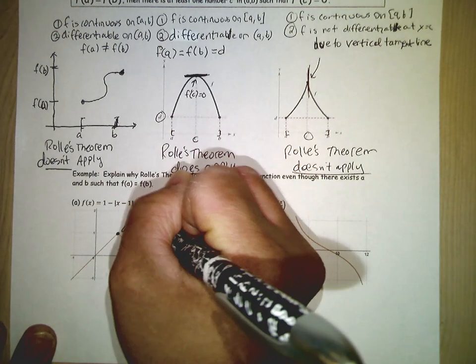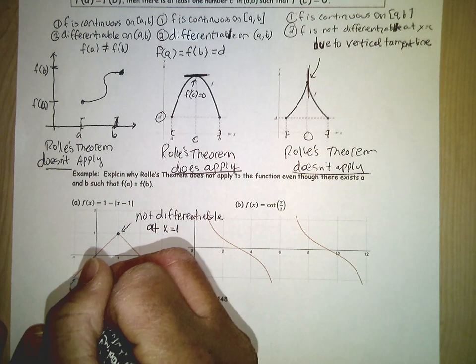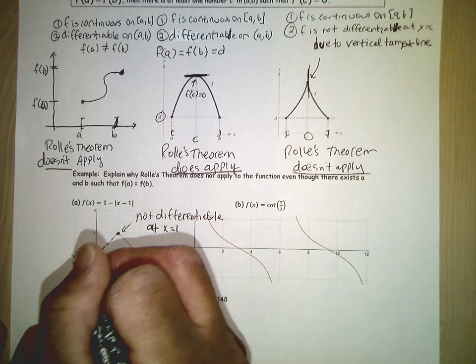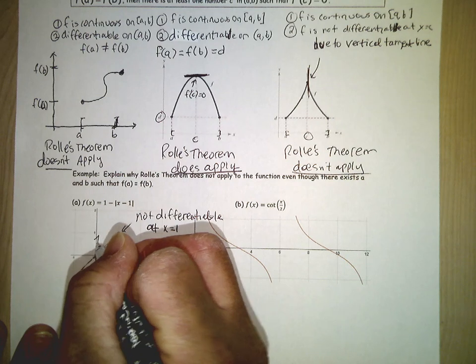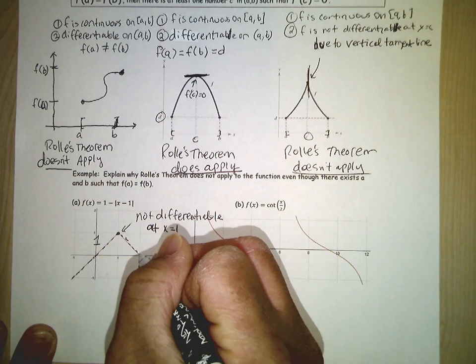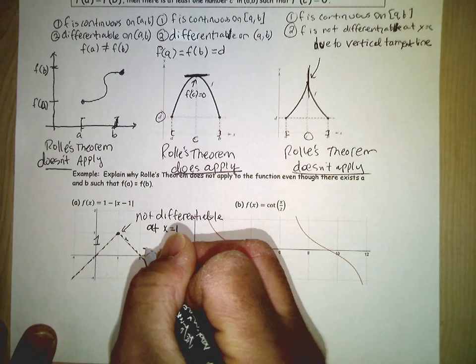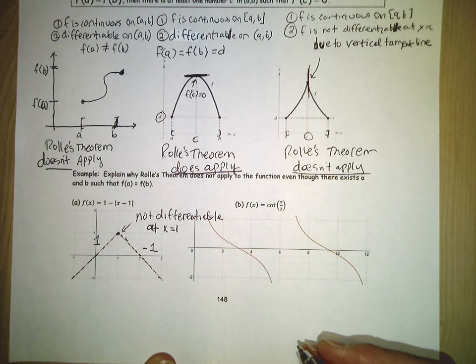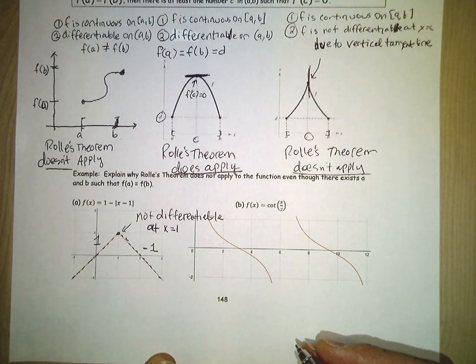And if you look here on this side of 1, the slope is 1, and on this side of 1, the slope is negative 1. All right, so the derivatives from the left and the right of 1 are not equal.